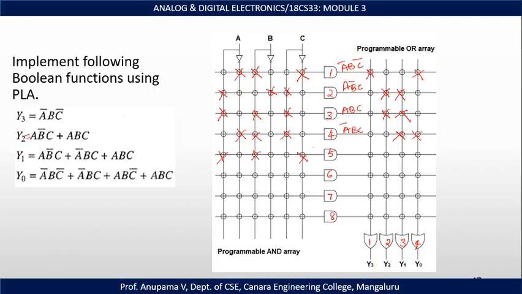The output of AND gate 5 is A, B, C bar, which is the input for OR gate 4. The next term is ABC, which is implemented using AND gate 3. So the output of AND gate 3 is also the input for OR gate 4. We have implemented all the 4 terms in Y0. So we have implemented all the 4 expressions using PLA.